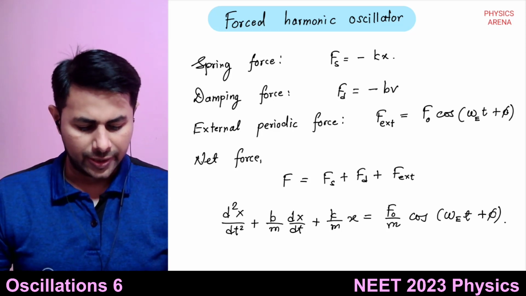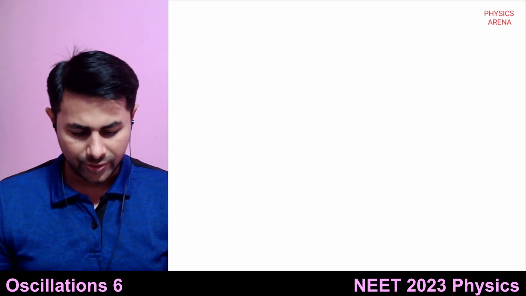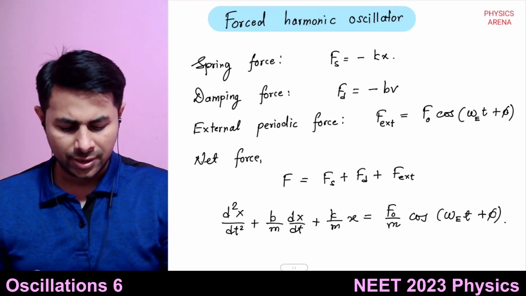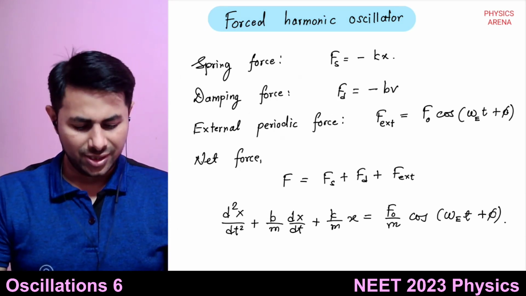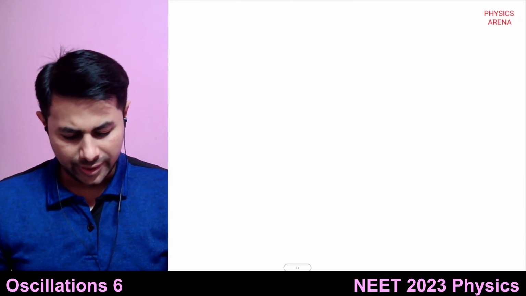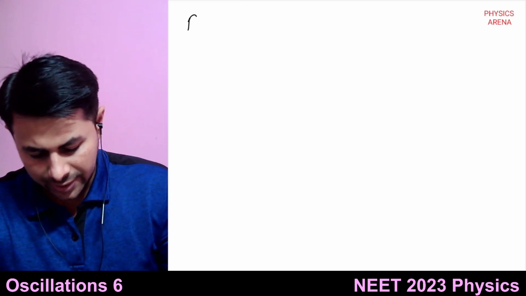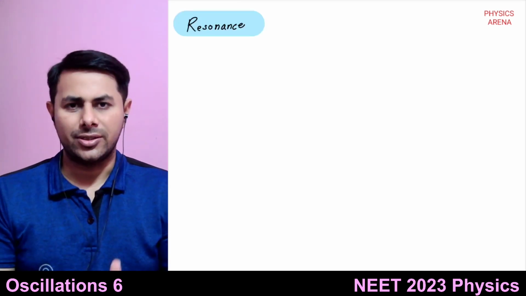Now, we are interested in a particular case here. In our NEET exam, this is somewhat difficult, so there won't be many questions based upon this. A specific case we need to understand is the case of resonance. So what is resonance?